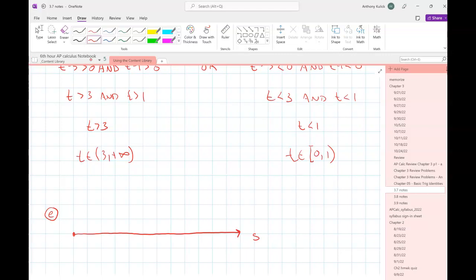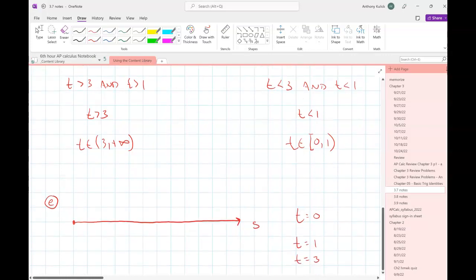So there's my value for S. Now, there are a couple values that I care about, right? What times am I inherently going to have to worry about when I'm doing this drawing? 3 and 1 and one other. 0. Everybody okay there?